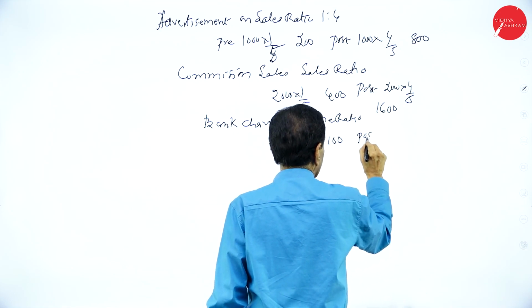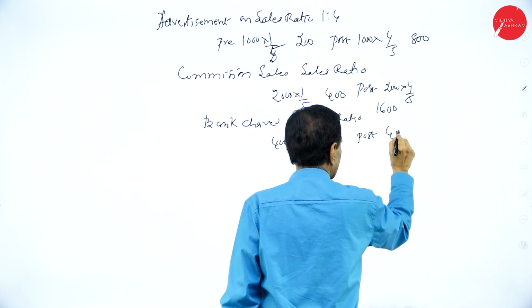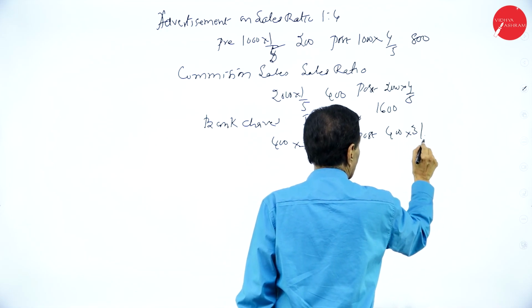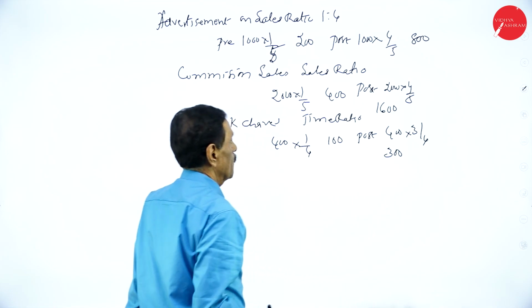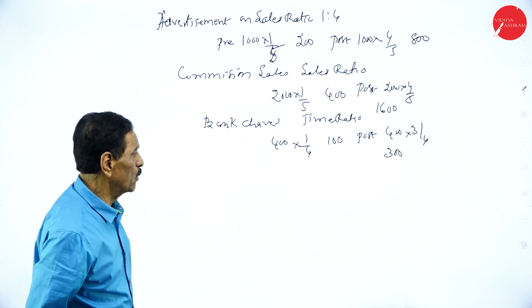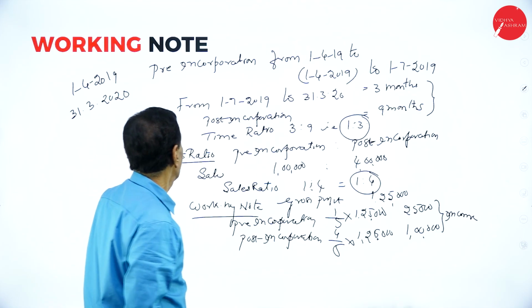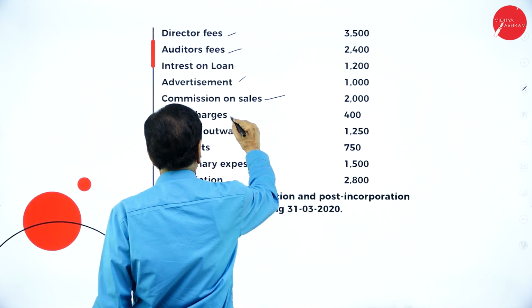Post: 400 into 3 by 4, 300. 1:3 ratio. Now, what is the next one?